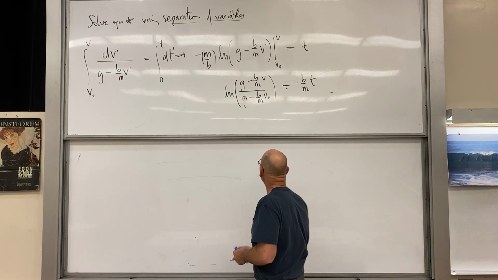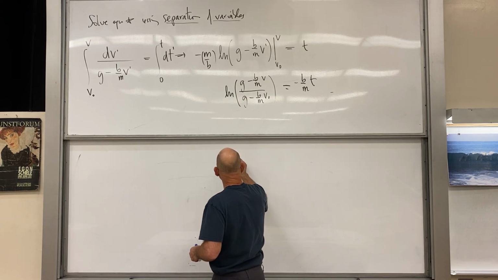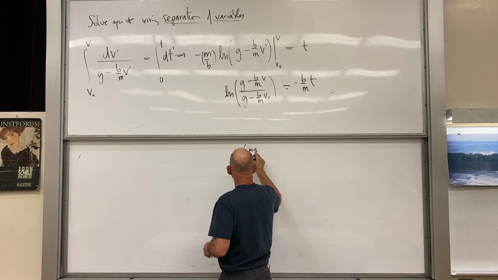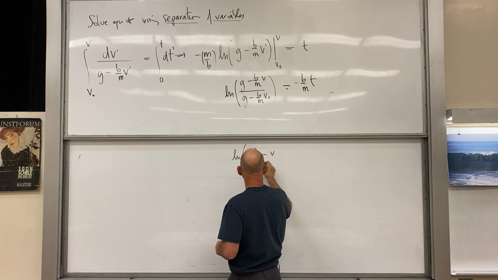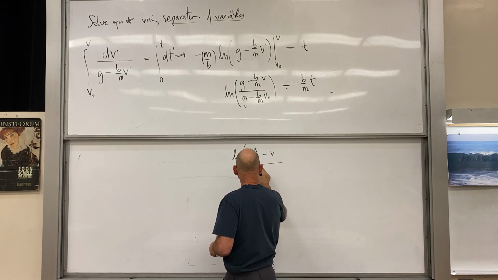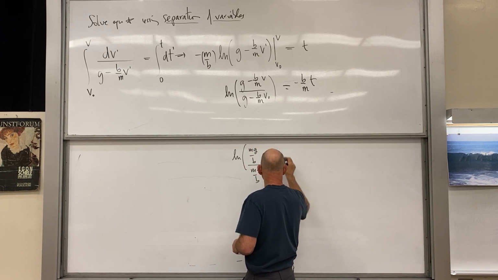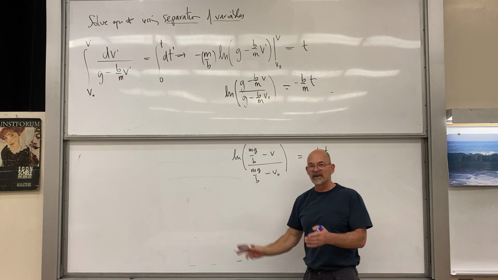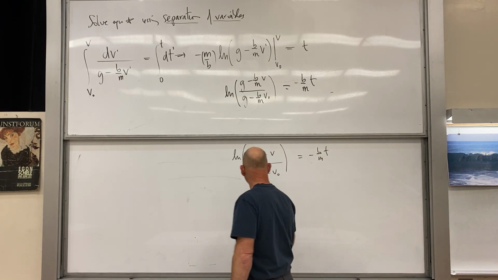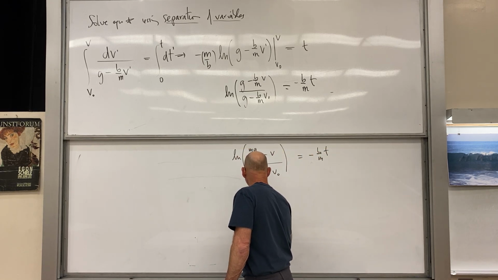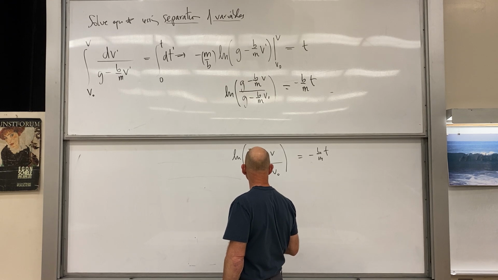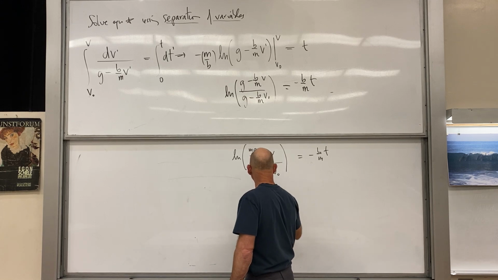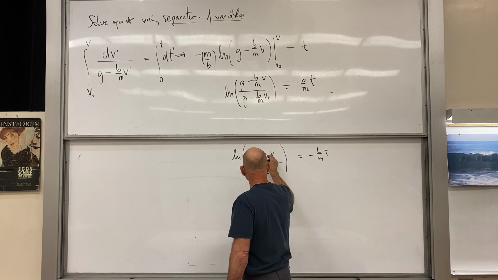So we can also say the natural log of (mg divided by b minus v) divided by (mg divided by b minus v0) equals minus b over m t. And now we'll do the exponential of both sides. In fact, while I'm at it, why don't I do the minus here and the plus here?